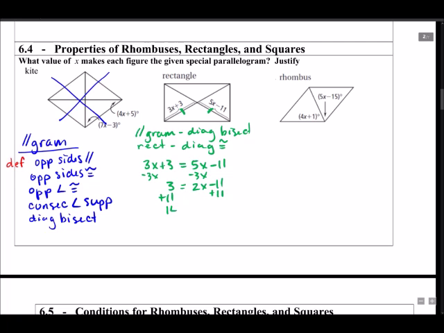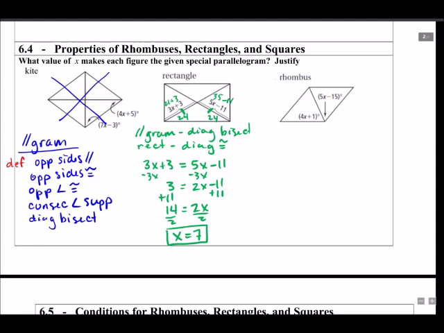So 14 equals 2x divided by 2, and x equals 7. So that value of x will make these the same. If I put that in, that's 21 plus 3 is 24. And this is 35 minus 11, 24, which is exactly what we expected.